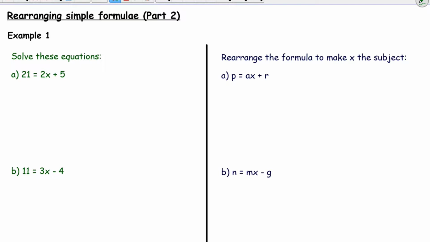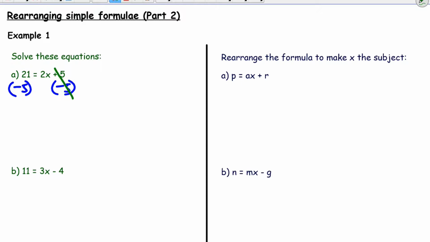Solve this equation. So the first step is, remember the goal is to have x on one side. So we need to get rid of the positive 5. And the opposite of adding 5 is subtracting 5. So we can start by subtracting 5 on each side. Now, 5 minus 5 will be equal to 0.